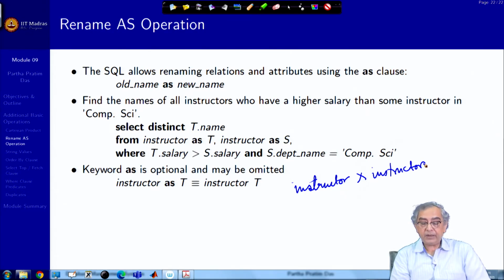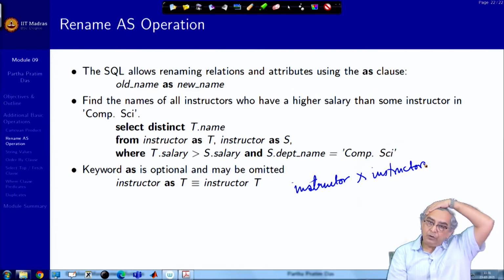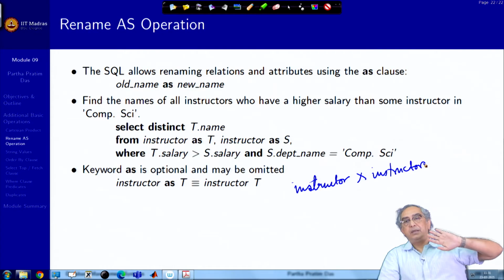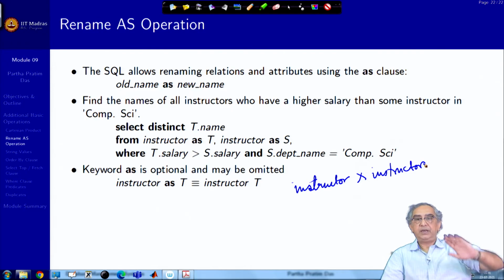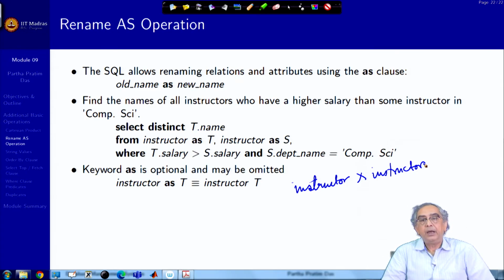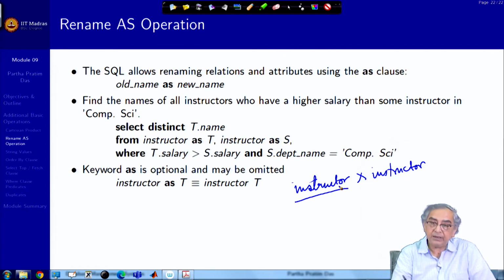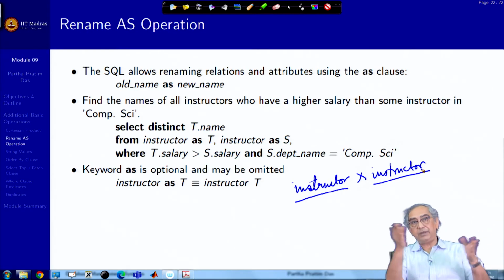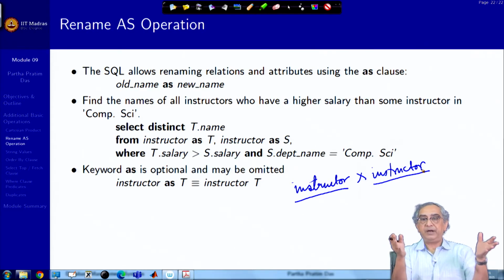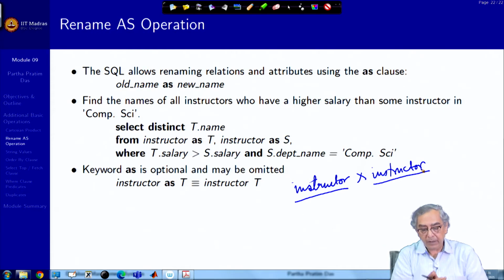Now, as we do instructor cross instructor, two kinds of things will happen. One is, in the output projection on the select list, how will the attributes be identified? For example, the ID of this instructor table is instructor.id, this also is instructor.id. Earlier we were doing instructor and teachers, so it was easier, the relation names were different, the table names were different.